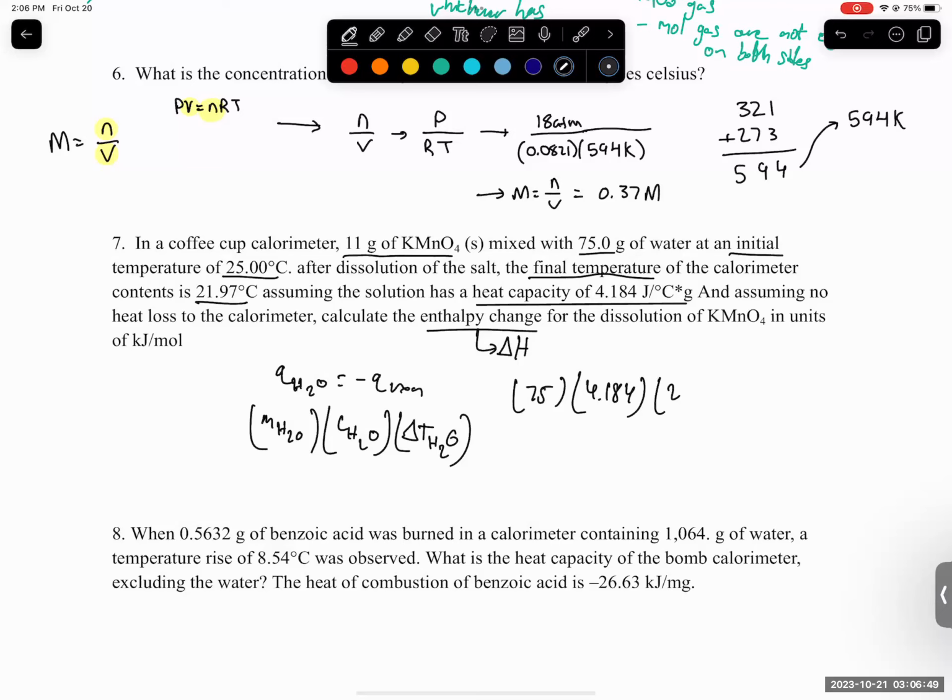So 21.97 minus 25. So 75 times 4.184 times 21.97 minus 25. We get negative 950.814. What are the units?